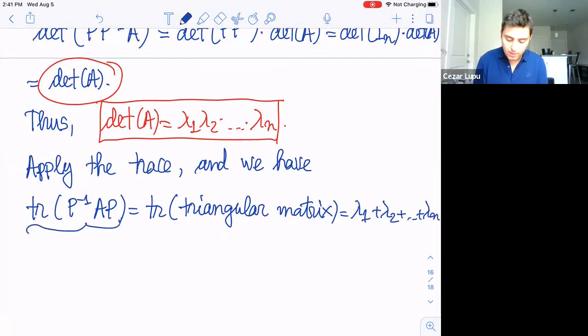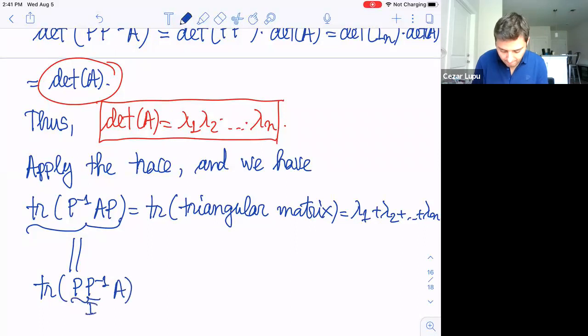And now, by the properties of trace, you know that trace commutes also. Trace of AB is trace of BA. So let's consider this like an A and this is a B. So it will be trace of P inverse times A, but P inverse P is the identity.